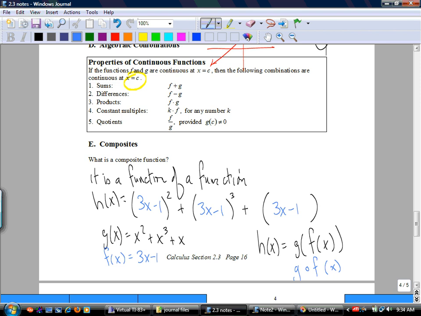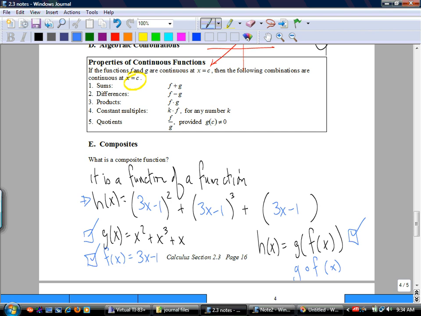Now the weird part, and here's the part that I like, is if this function is continuous and this function is continuous, then the composites are continuous as well. So if somebody asks you, is h of x continuous, you go, well, I don't know, let me break it into its parts first.